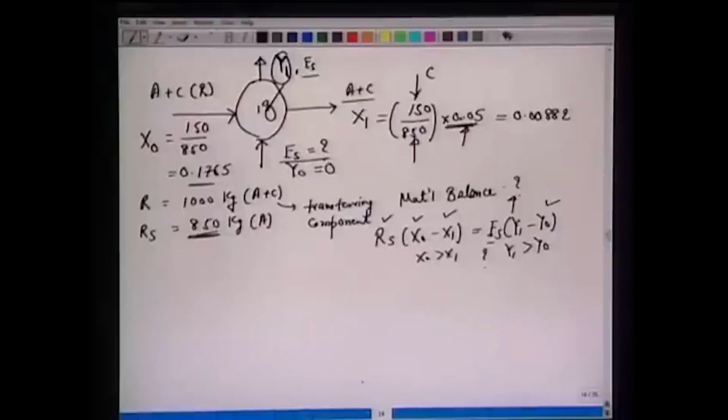We make a species balance for this diffusing component C here. We assume that A or B do not transfer from one stream to another when they are brought into these stages, cascades. So, now we have two unknowns, Y1 and ES. What is the mole fraction of the solvent phase or E phase at the exit of this stage, and how much is the solvent requirement?